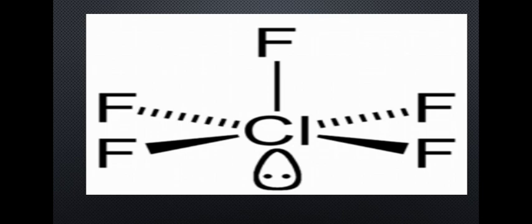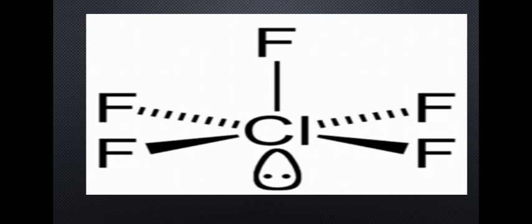Now you will get a value 6. 6 means sp3d2, and so you will form 6, it has an octahedral arrangement. You will arrange 5 fluorine around the chlorine in octahedral arrangement, and 6th position will be occupied by lone pair.